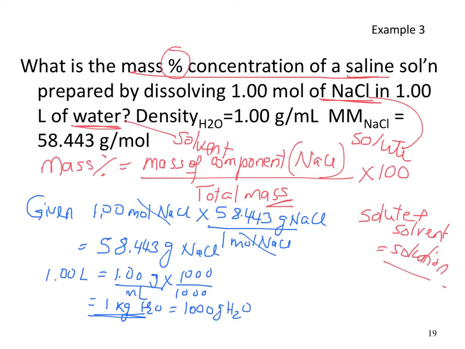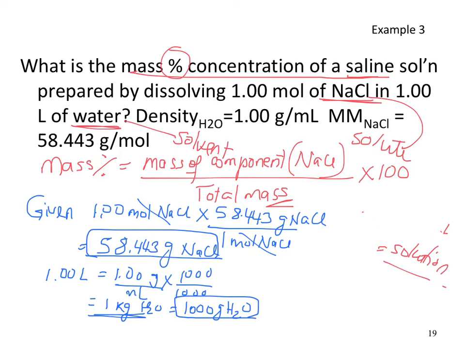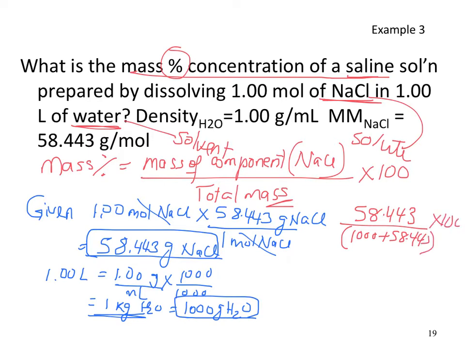Let's now plug in what we have just determined into the original formula we were seeking. Let me just make some room. And so we are going to go with 58.443 divided by, the denominator becomes 1,000 plus 58.443, times 100.